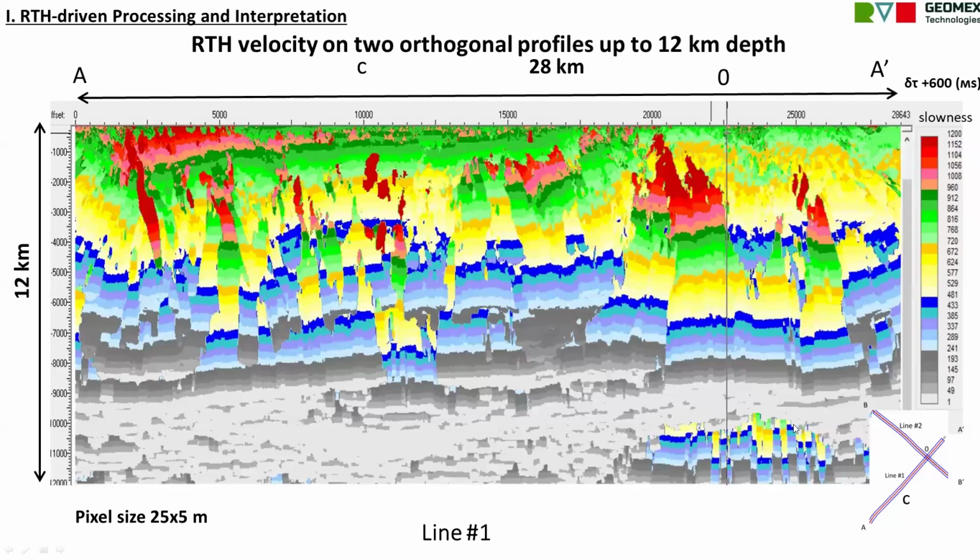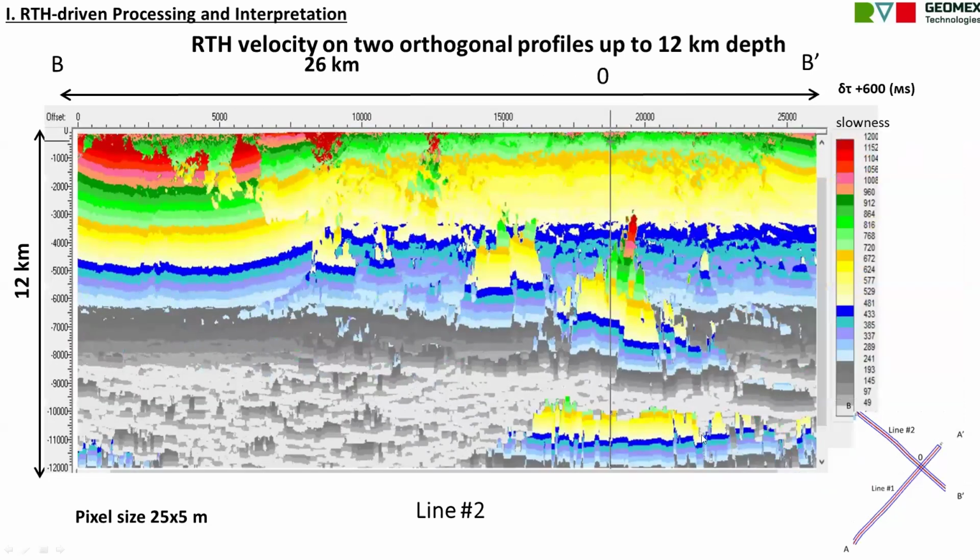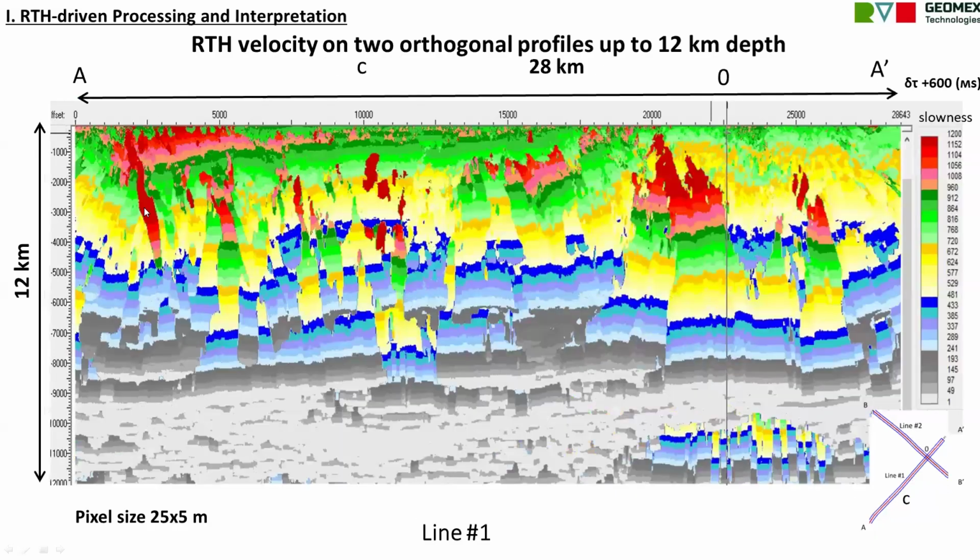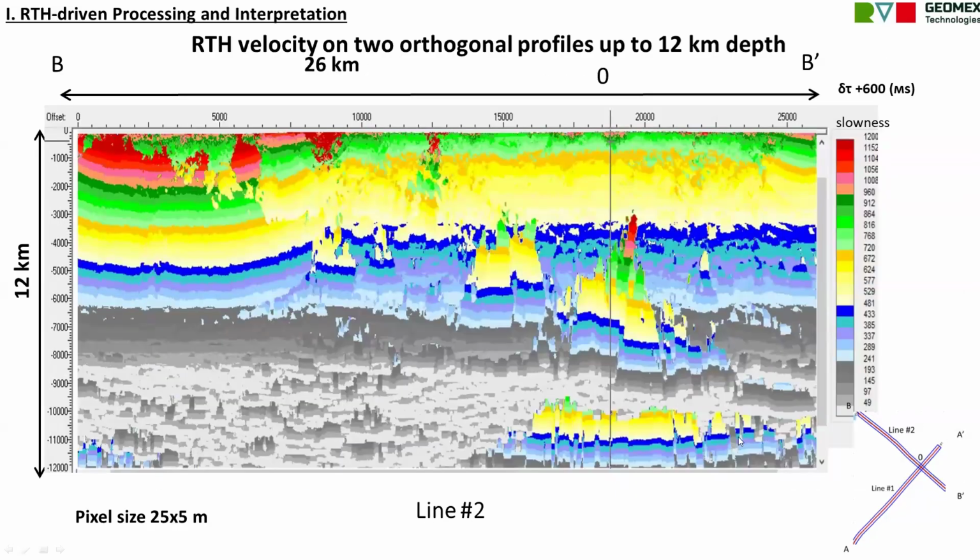Very interesting because it's a high velocity, gray, but suddenly we obtain at 10 kilometer a huge object with a low velocity. This is the orthogonal B section. This is A, this is B section, orthogonal.